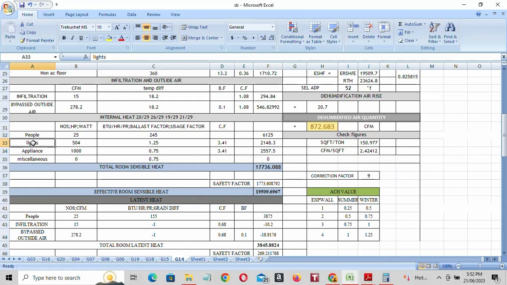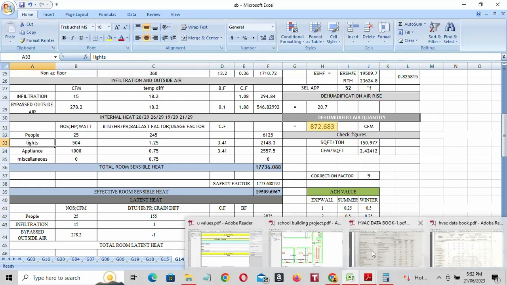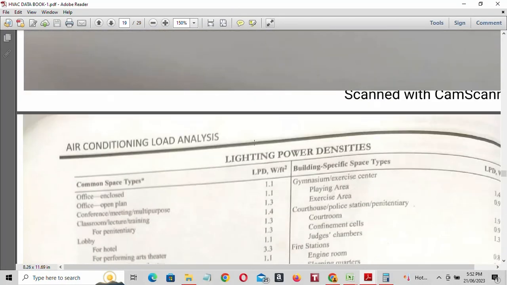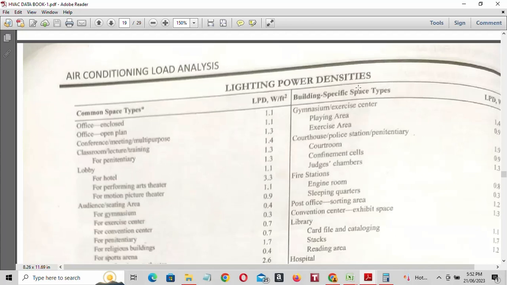Next is lights. Here lighting power density, ours is classroom. Here LPD watt per square feet is 1.4. So we have to multiply our room area with this value.